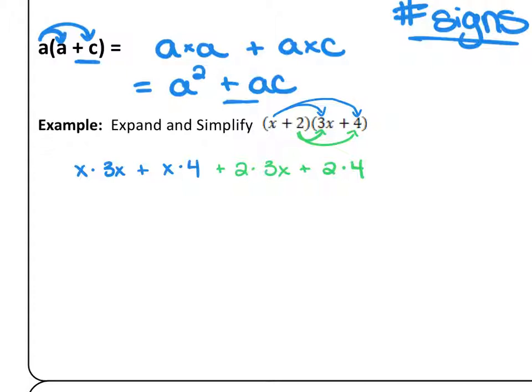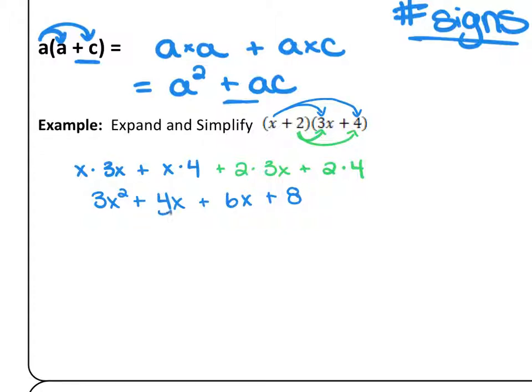And what you're going to do is multiply them out. So x times 3x is 3x squared. x times 4 is 4x. 2 times 3x gives me 6x. And 2 times 4 gives me 8.